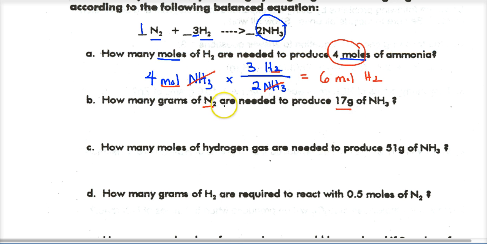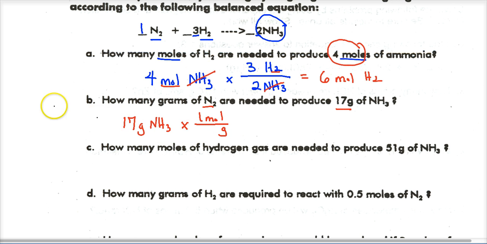This is a mass-to-mass problem. So I've got 17 grams. Write down what's given to you first, of NH3. That's my ammonia. I cannot times it by this ratio directly because it's how heavy. This is not a ratio of how heavy, it's a how many. So I have to convert to moles first. When in doubt, convert to moles. One mole is equal to how many grams?